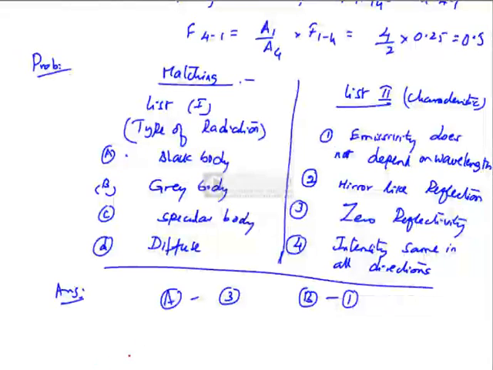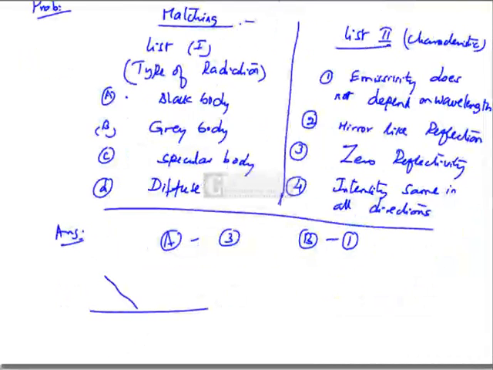Specular body. What do you mean by specular body? If the incident radiation follows the mirror law, mirror-like reflection, with incident angle theta equal to the reflected angle, that is mirror-like reflection. It is called specular body. C is matched with 2.